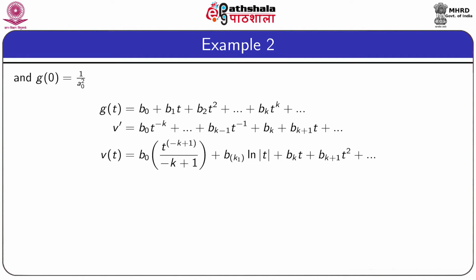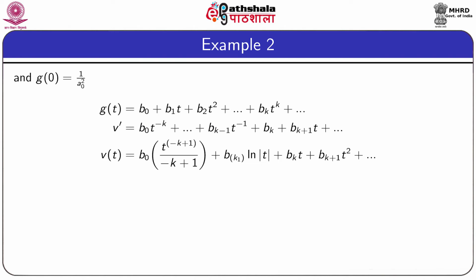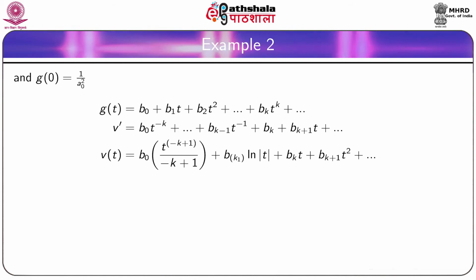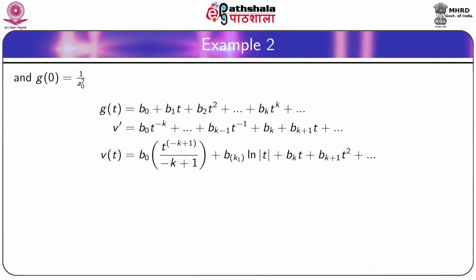Integrating, we will get v(t) is equal to b0 multiplied by t to the power minus k plus 1 divided by minus k plus 1, plus b_(k-1) log t plus b_k t plus b_(k+1) t square plus dot dot dot.